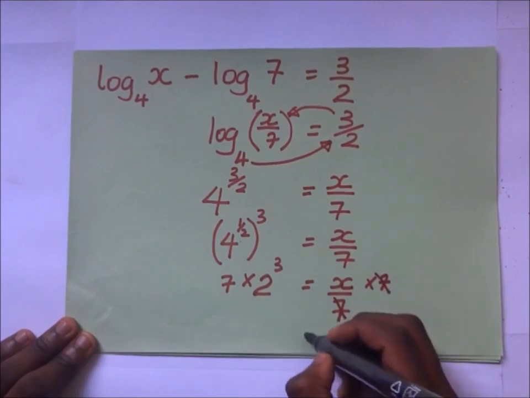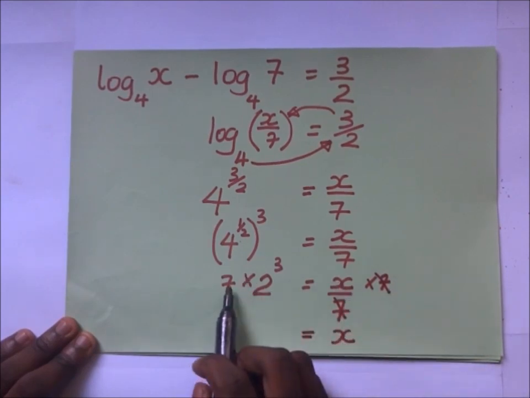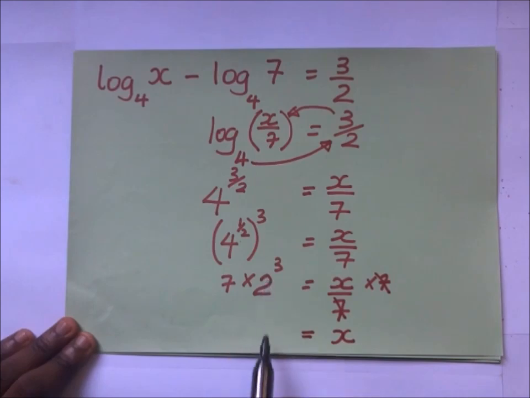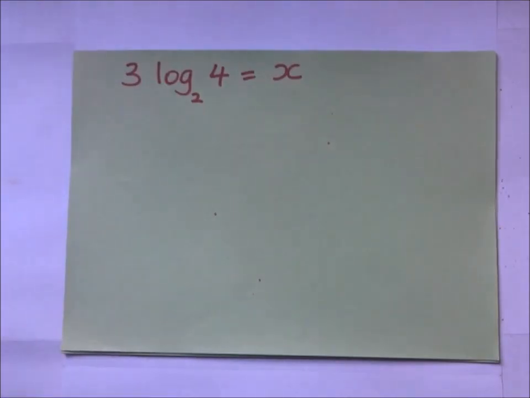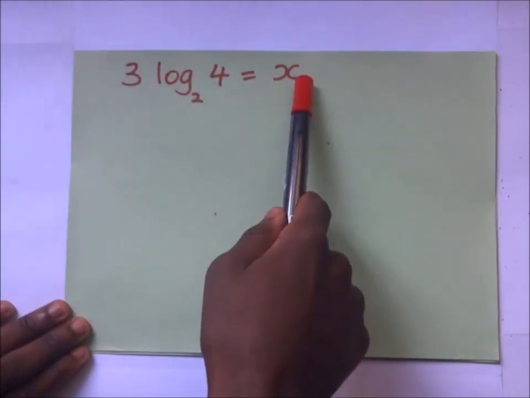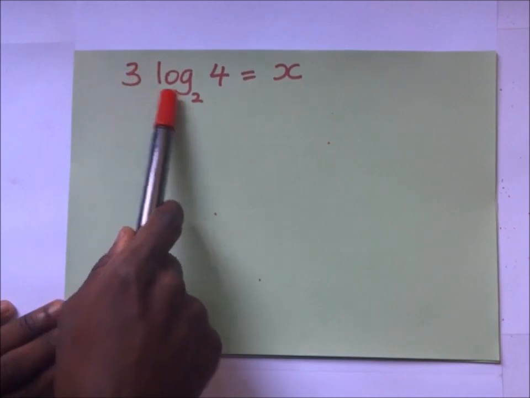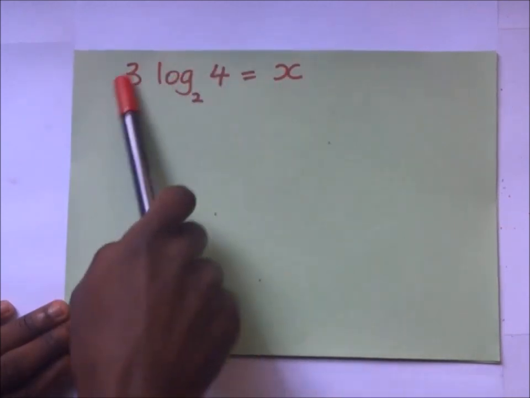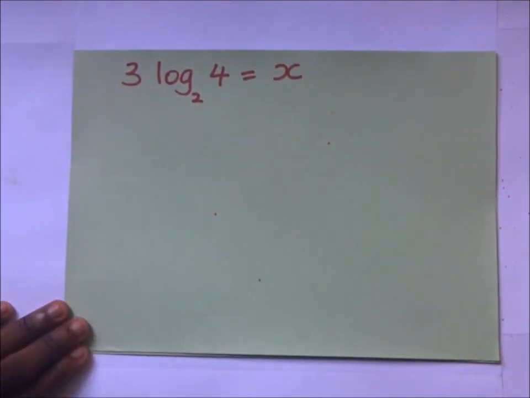You remain with the value of x as 7 times 2 times 2 times 2. To find the value of x in the next one, we have 3 times log of 4 base 2 is equal to x. So we make sure that we can convert this to index form.